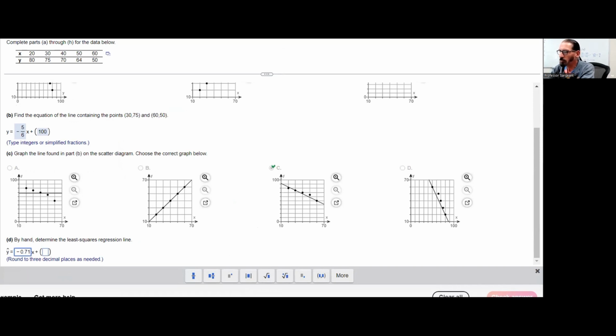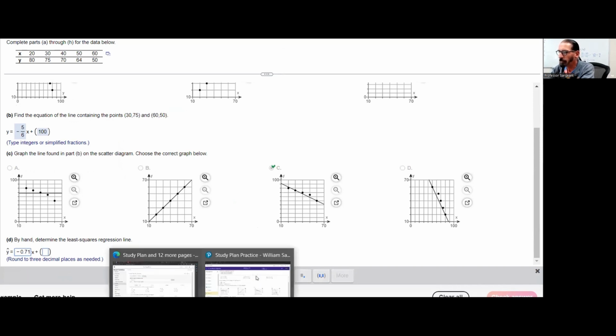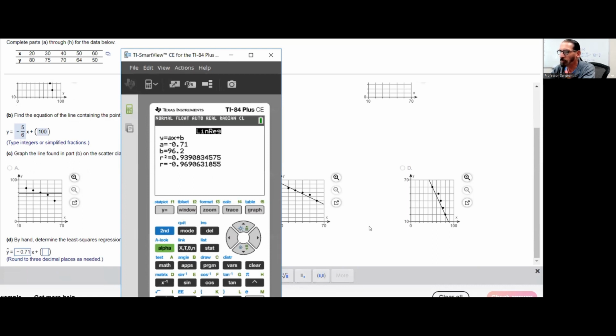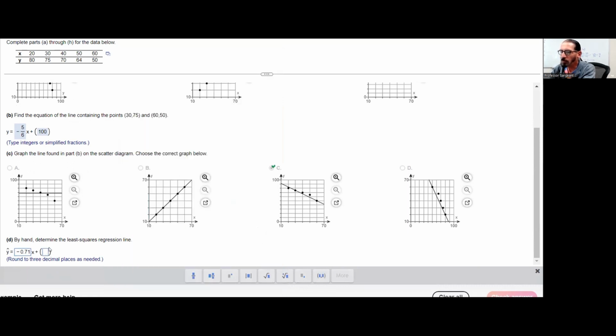This is a little far away from that, but yeah, negative 0.71 is kind of close to the decimal approximation of negative 5/6. Then the 96.2 for the y-coordinate of the y-intercept is kind of close to the 100.